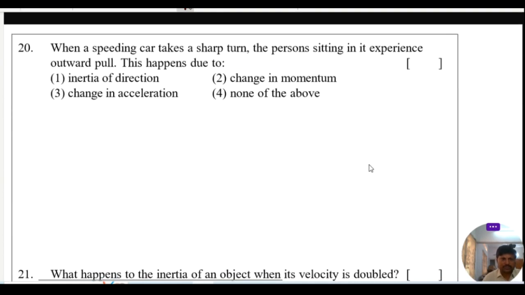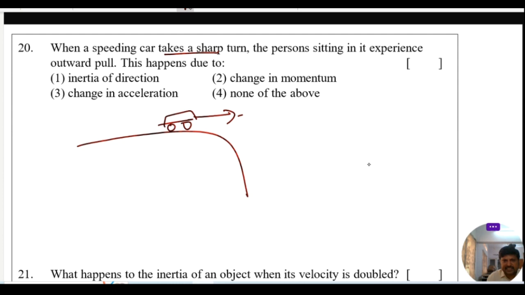Next, go to 20th question. When a speeding car takes a sharp turn, the person sitting in it experiences an outward pull. This happens due to... When a speeding car suddenly takes a sharp turn, initially the person is moving in a straight line. When the car takes a sharp turn, he wants to maintain his motion.